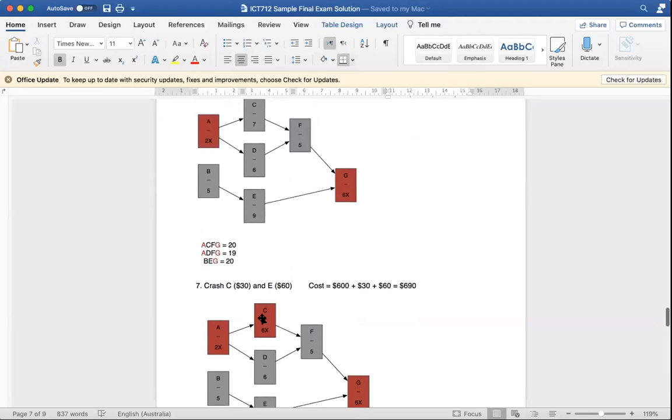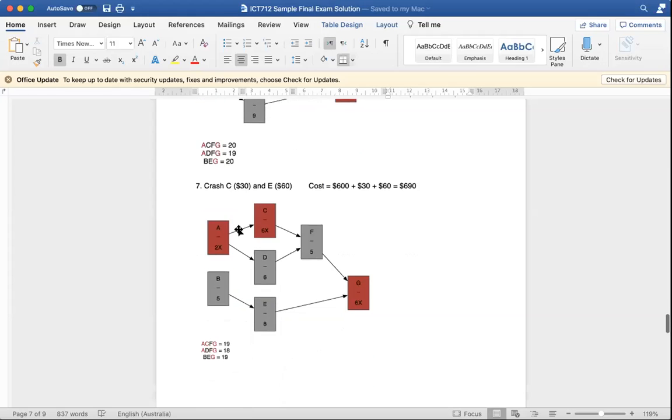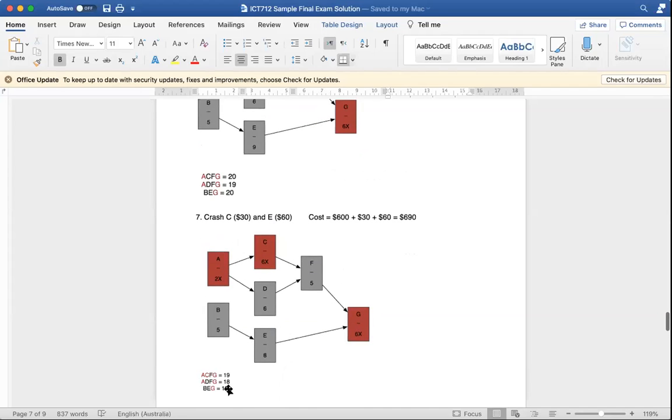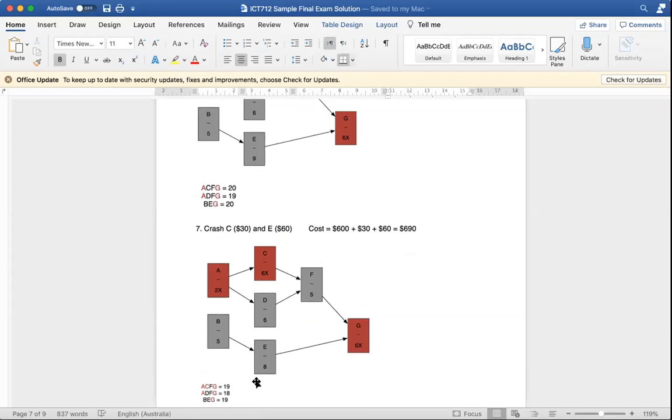And we haven't crashed E before. We can crash it more, so instead of 9 it becomes an 8. And instead of 20, we become 19, 19, 18, and 19. So that's what we basically have here.